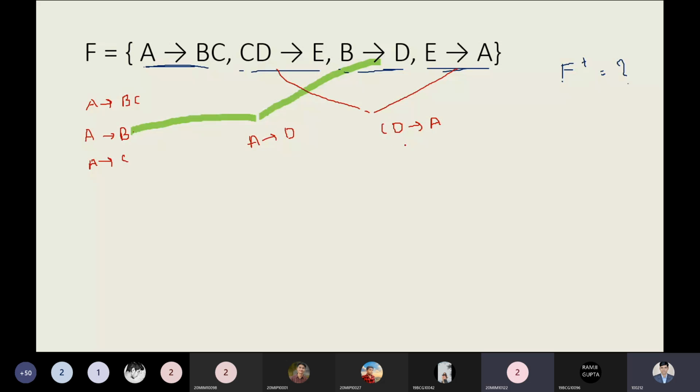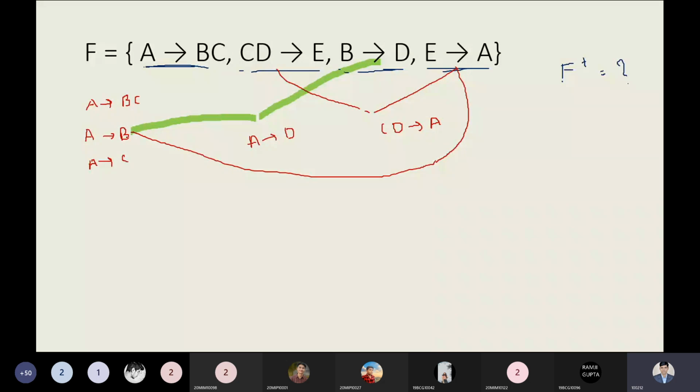Now tell me, what are the possible functional dependencies we can generate? E determinant to B. How is it possible? A determinant to B and E determinant to A, so E determinant to B. Just focus on my line.